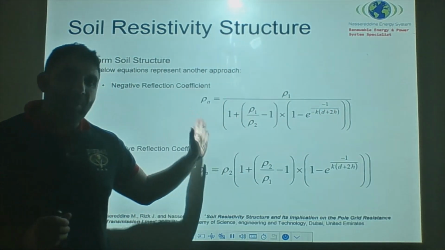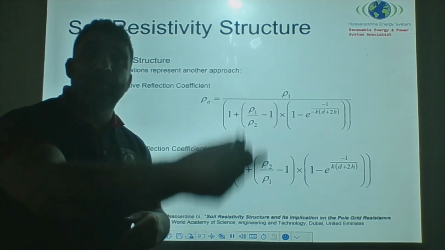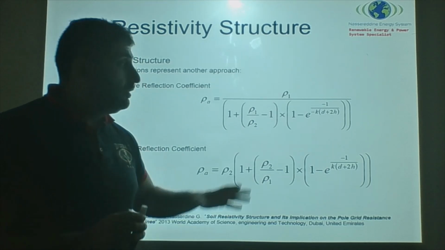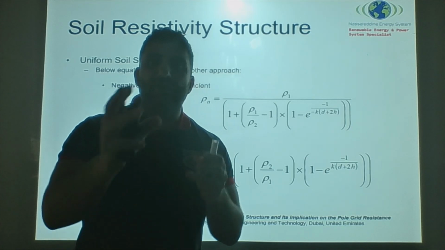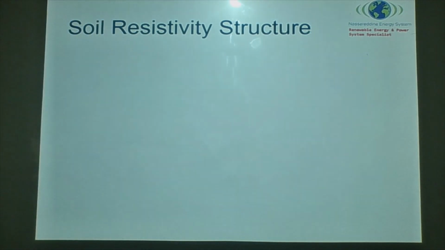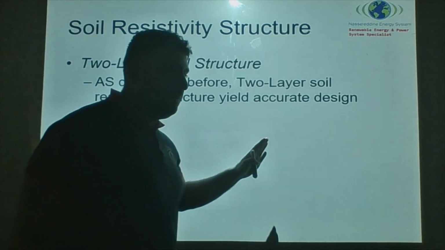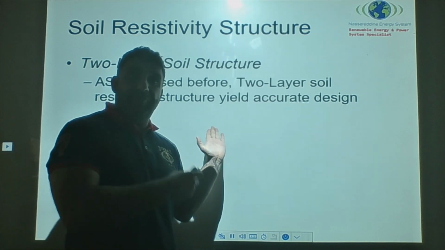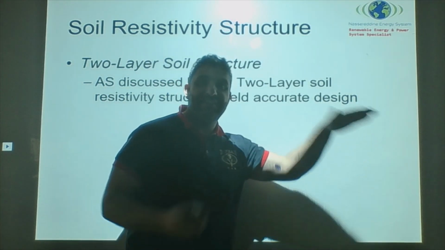Guys, please keep in mind, this data is very important when it comes to the third lecture, third video, where we are going to learn how to calculate or estimate the resistance value of your earth grid. The two-layer soil structure, that's the important part. Because to find the apparent resistivity of a non-uniform system, I need to find rho 1, rho 2, and the H, the separation between them.